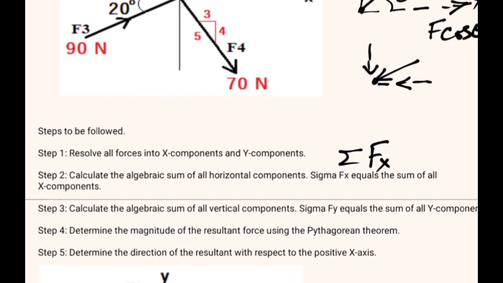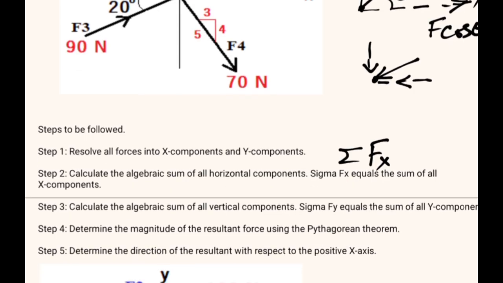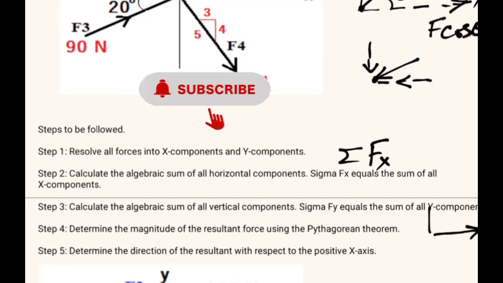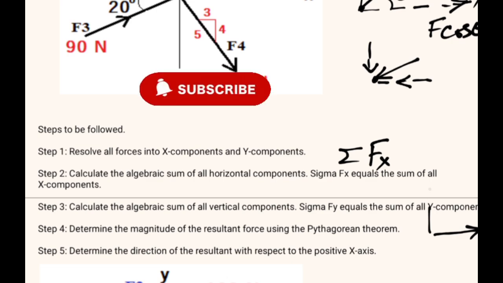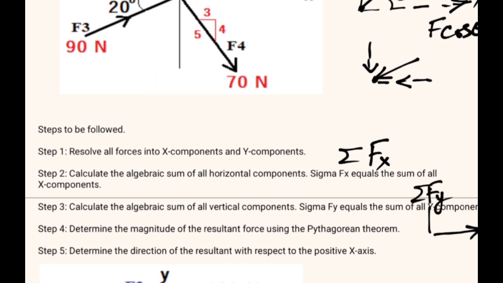Then next step, what we have to do? Determine the magnitude of the resultant force using the Pythagorean theorem, since now you have resolved all the forces into just x and y direction. So here there is sigma Fx and there is sigma Fy. So we can easily calculate the resultant using the Pythagorean theorem.